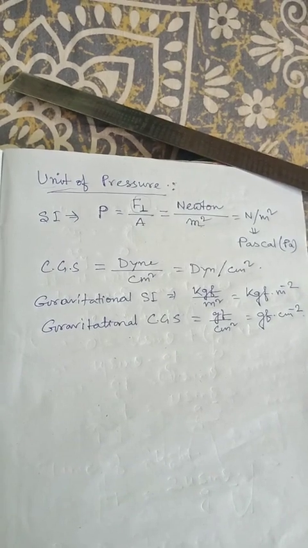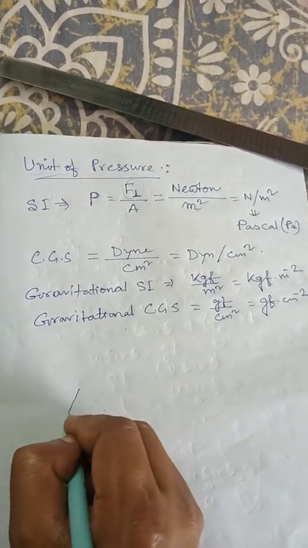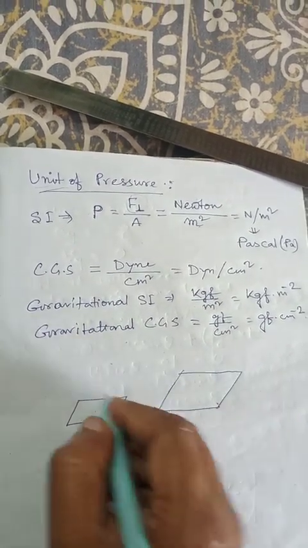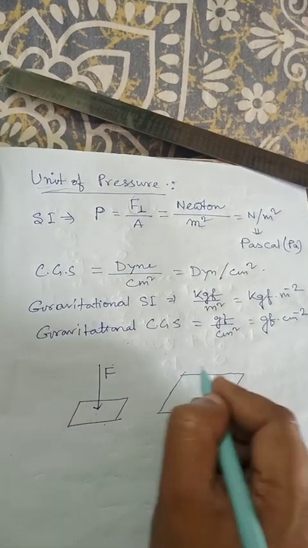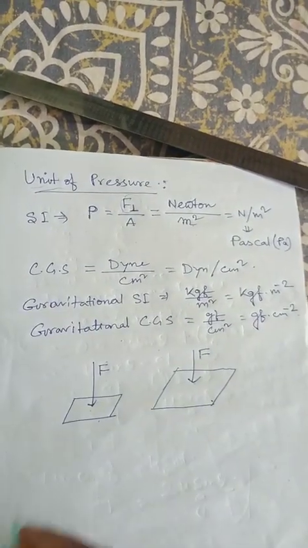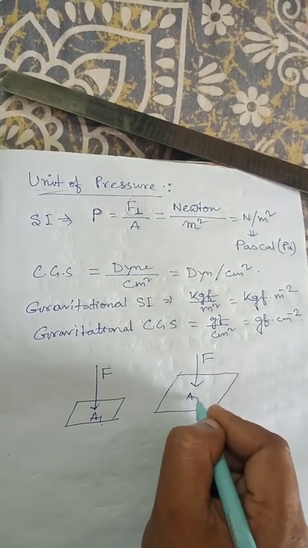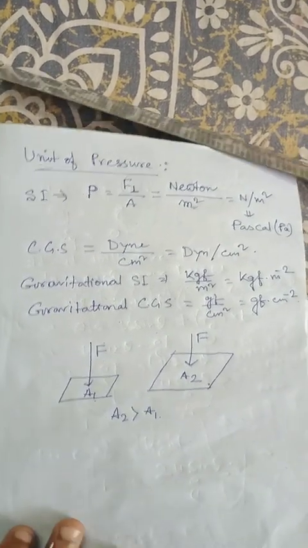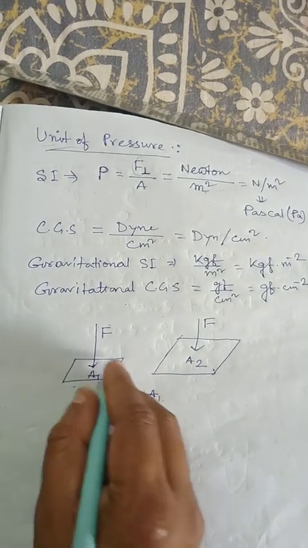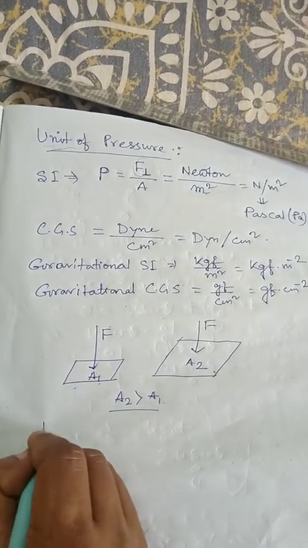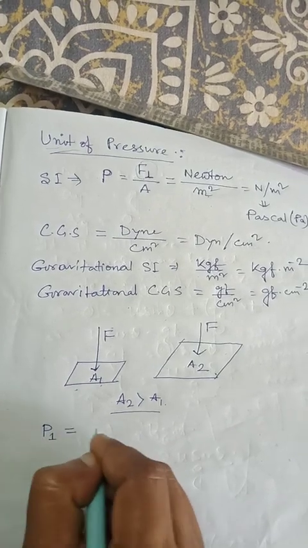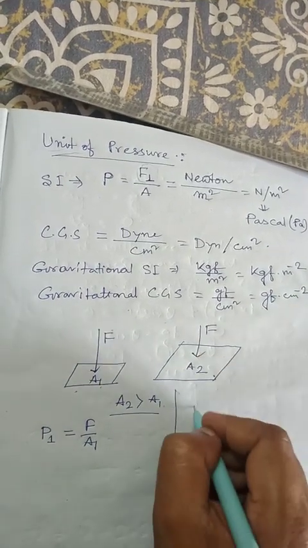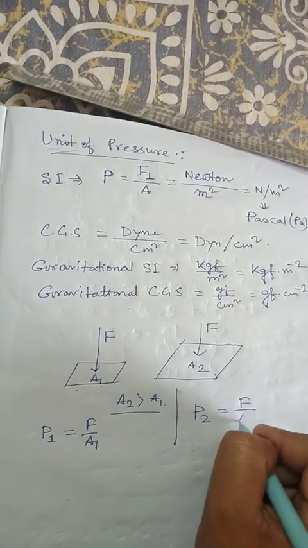Now, if there is a small surface area and a larger surface area, and we apply the same amount of force perpendicularly, with this area A1 and this area A2, given that A2 is greater than A1, then the pressure P1 equals force by area A1, and the pressure P2 equals force by area A2.